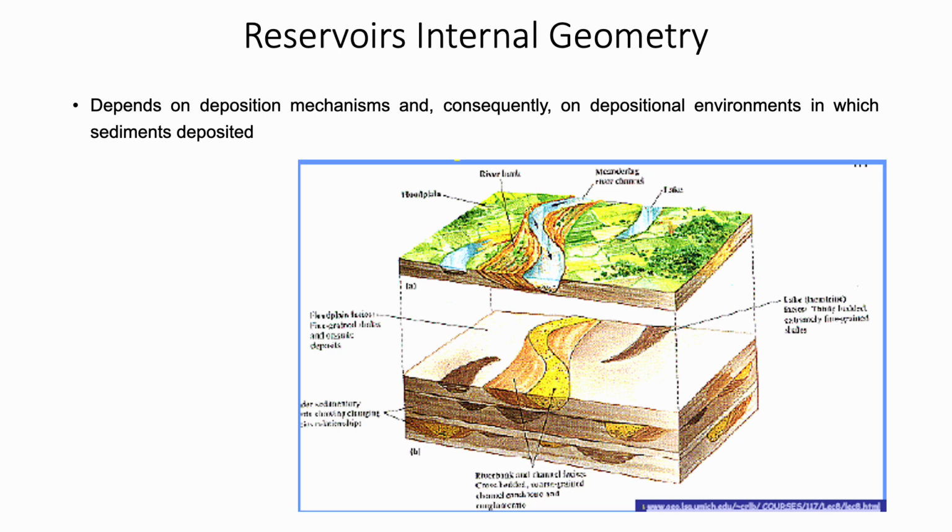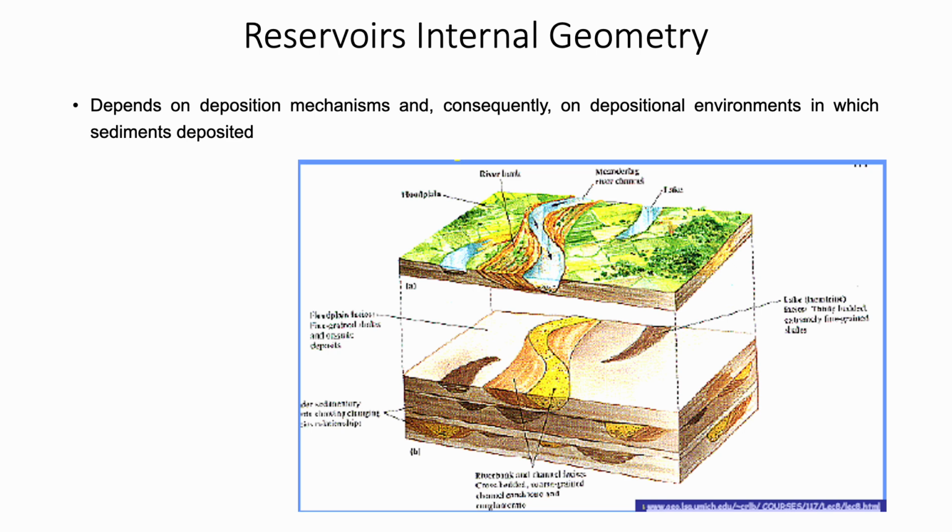This diagram shows how surface features like rivers, lakes, and floodplains connect to subsurface sedimentary deposits, which can act as hydrocarbon reservoirs. At the surface, a winding river moves across the landscape, depositing sediments.